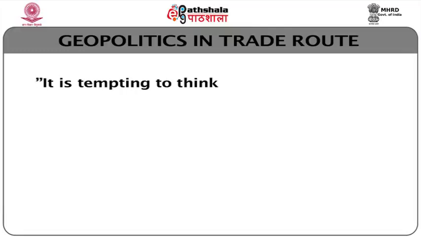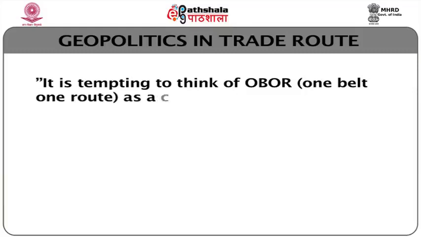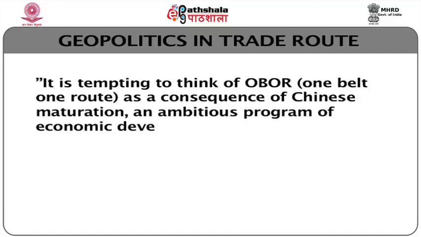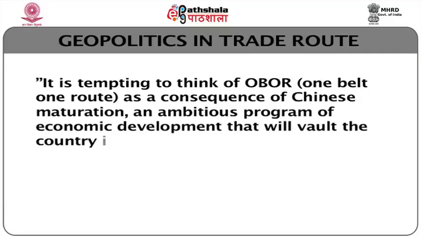It is tempting to think that OBOR, that is One Belt, One Road, is a consequence of Chinese maturation and an ambitious program of economic development that will vault the country into the 21st century.